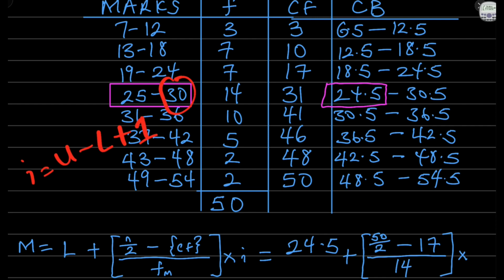We have that here, 30. This is the upper limit, and this is the lower limit. So we just say 30 minus 25 plus 1. 30 minus 25 is 5, then 5 plus 1, that is 6. So our class interval is 6.